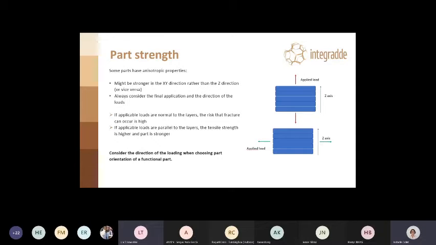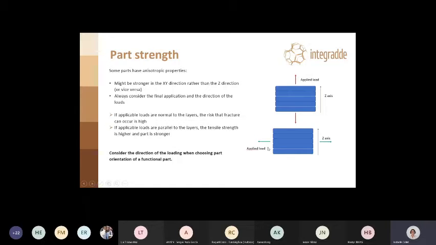Another point regarding the orientation to be considered is the applicable load of the final product. Depending on the direction of the load, you may have to choose one or the other orientation. If the applicable loads are normal to the layer, the risk of fracture is very high.